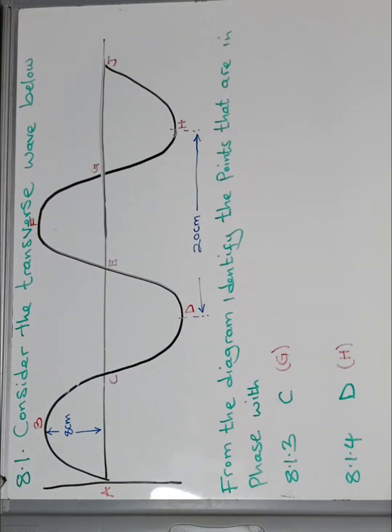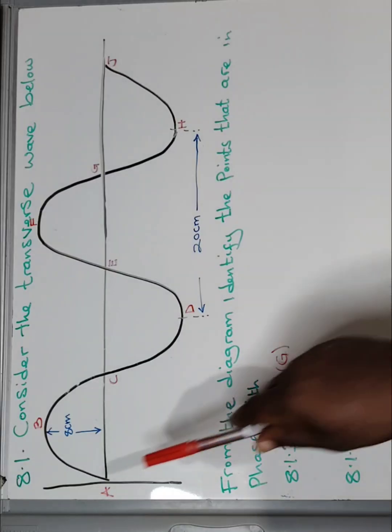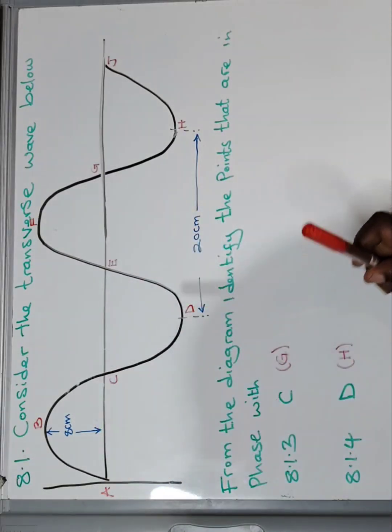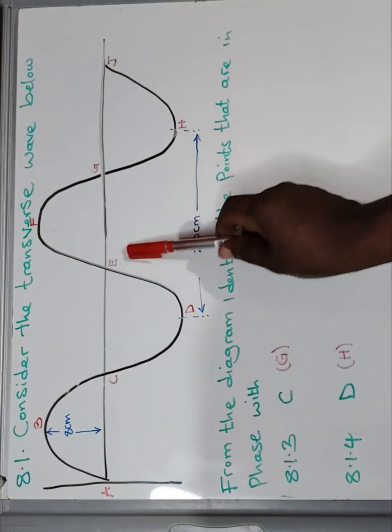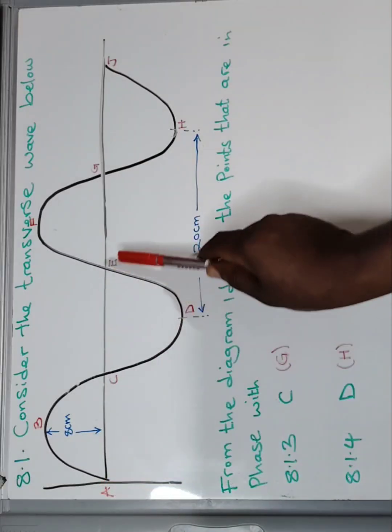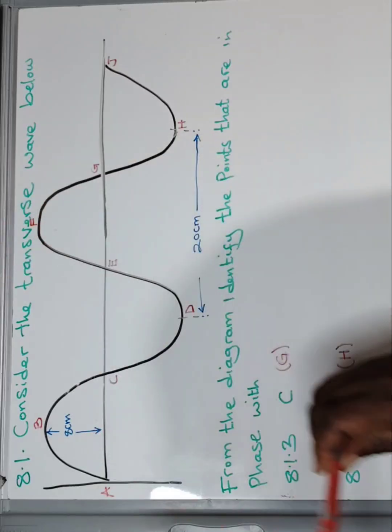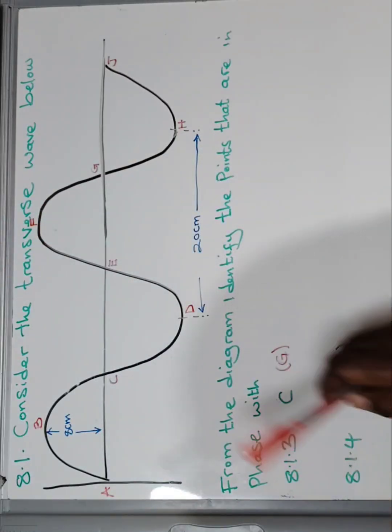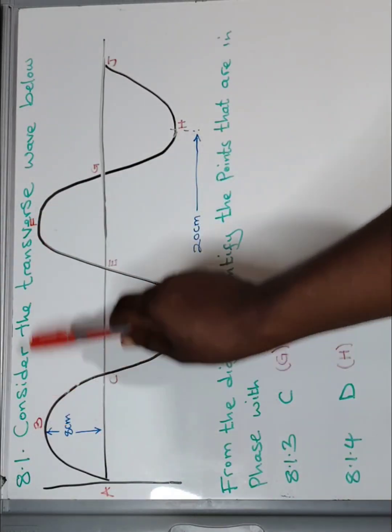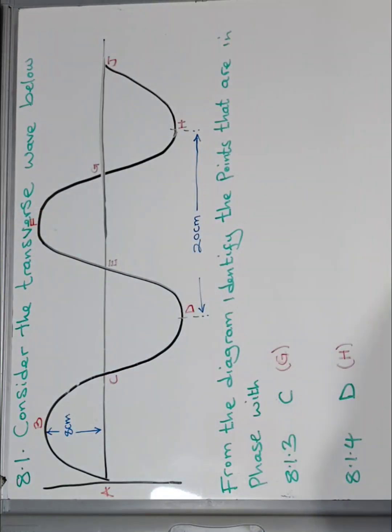And you need to remember that between two consecutive or adjacent points which are in phase, that's where we have the wavelength. So remember, A and E are in phase and they are next to each other, so the distance from A to E is wavelength. B and F are in phase and next to each other, so the distance between B and F is wavelength.